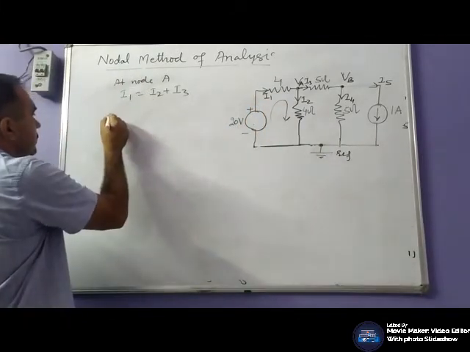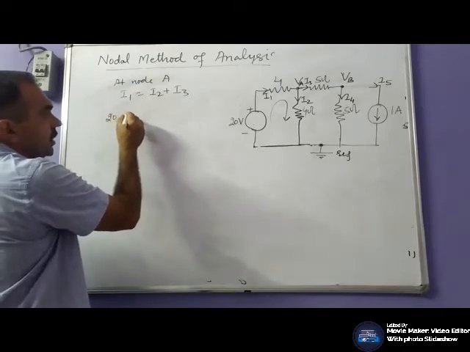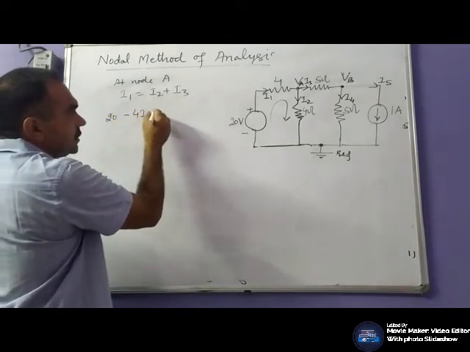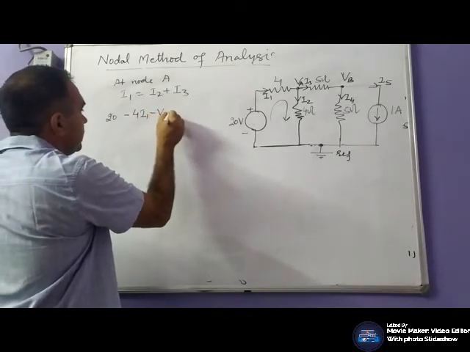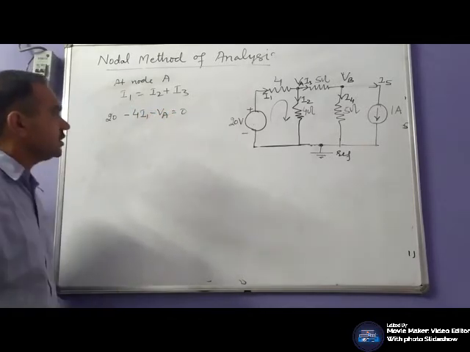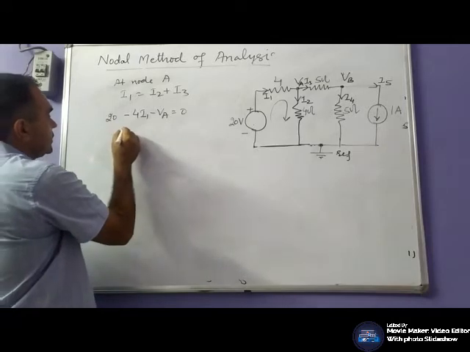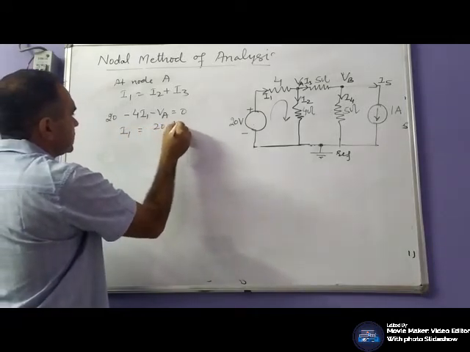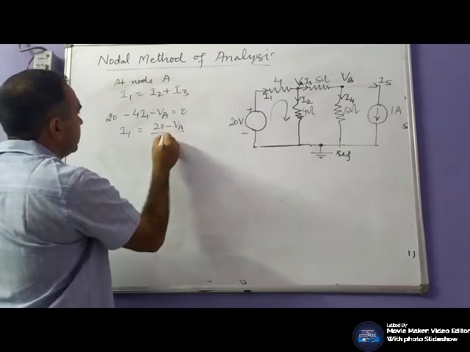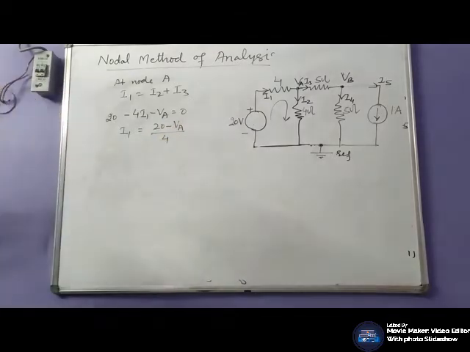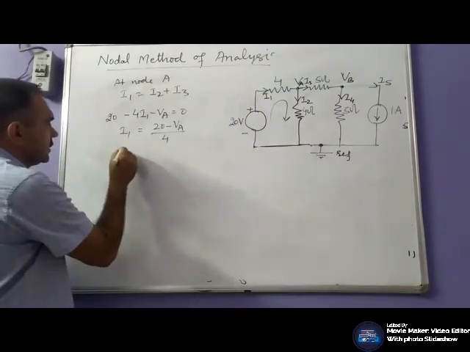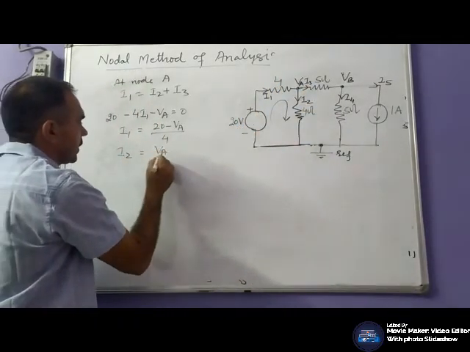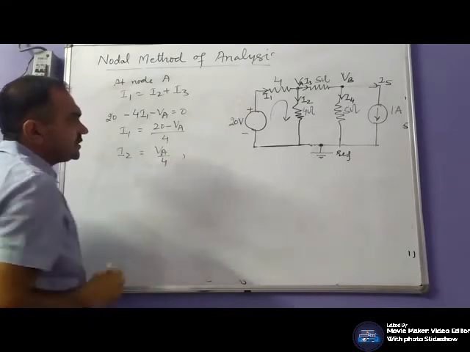You would have 20 minus 4 I1 minus VA is equal to 0. So I1 is (20 minus VA) by 4, and I2 is VA by 4.